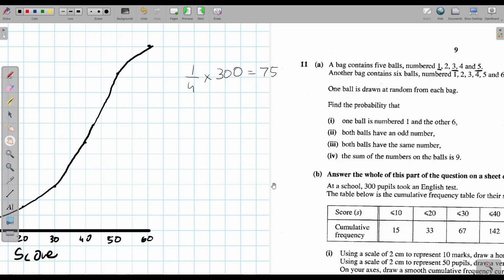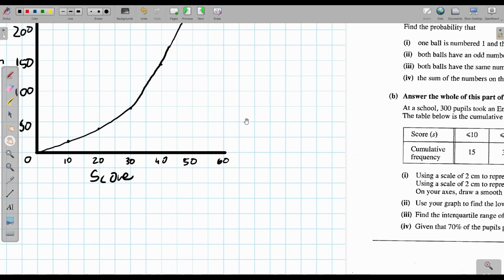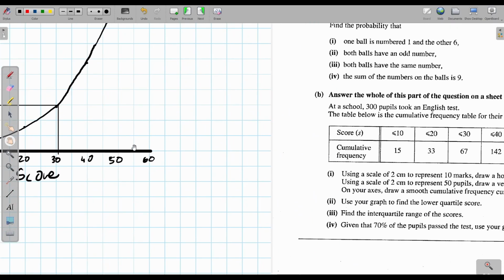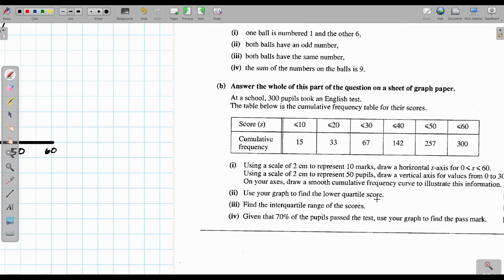So 75 pupils get the lower quartile score, and I think so 25, 50, so it would be like this, and that is roughly, for me on my graph, a score of about 32. So 32 would be Q1 or lower quartile.